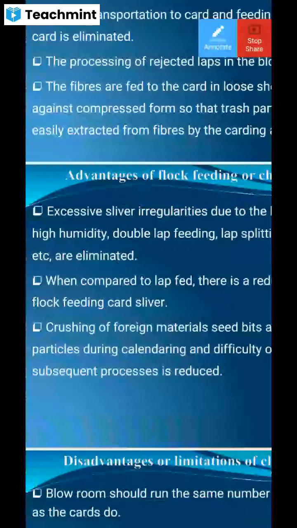Suppose the relative humidity percentage abnormally increases or decreases, the machinery performance deteriorates, with either roller lapping or lap licking, and it deteriorates the running performance of both spinning and pre-spinning processes. So the humidity department wise standard we maintain.